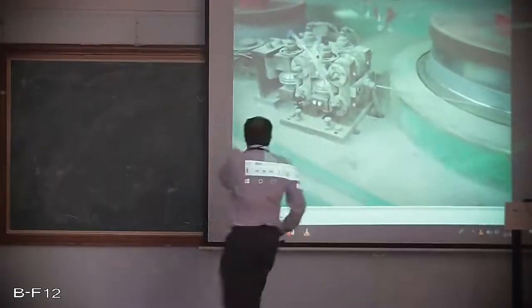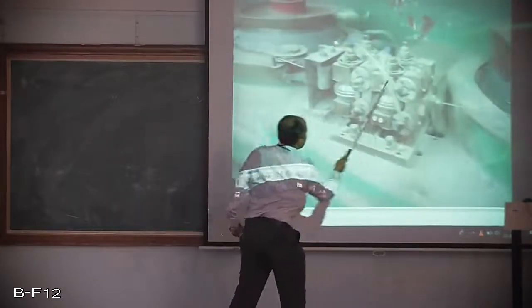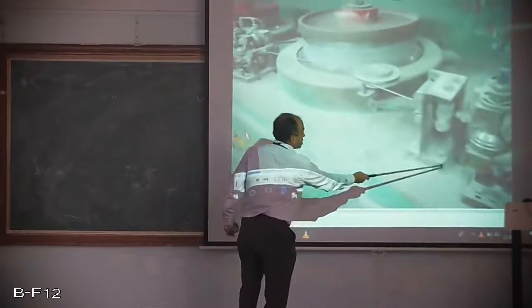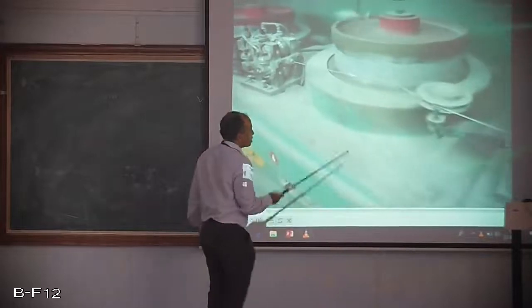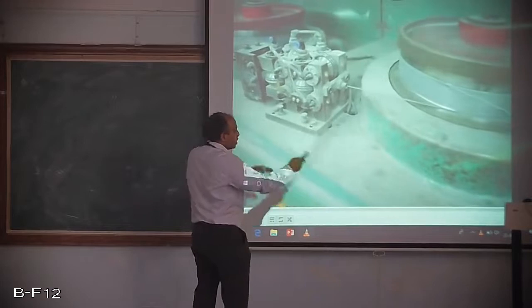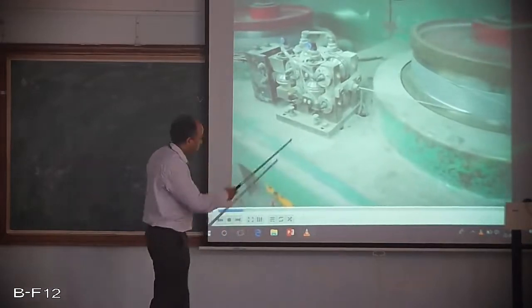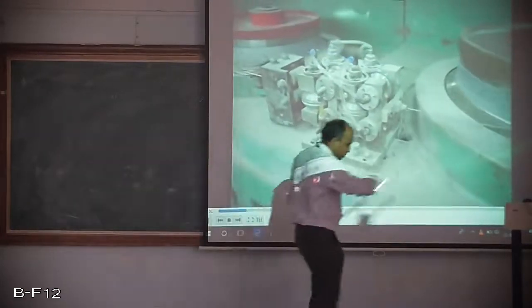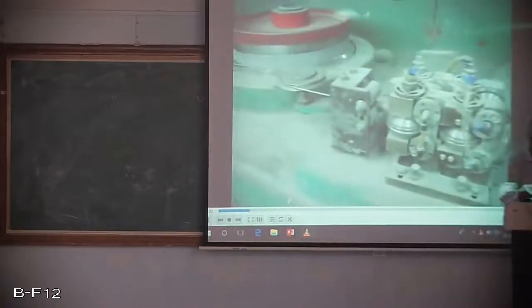If you see the bull block and the die setup, this is a die set. Similarly, there are many sets of bull block and die set pairs. One bull block, one die set. Many such pairs will be there, and it will be happening in sequence.